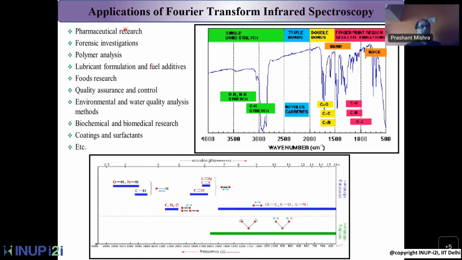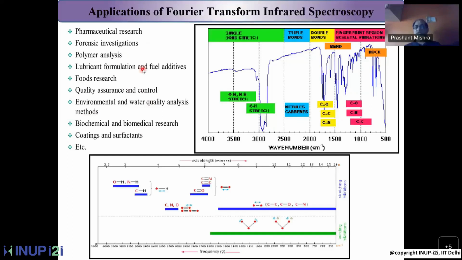Now, as you can see here, it can be applicable in the pharmaceutical industry, in forensic investigation, for analyzing polymers, lubricants, food research, quality assurance, environmental and water quality, biochemical and biomedical methods, coatings and surfactants. Let me tell you, a very interesting thing is that you can attach this IR spectroscopy to a microscope.